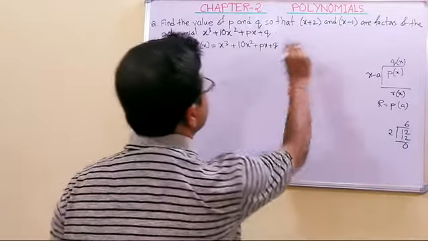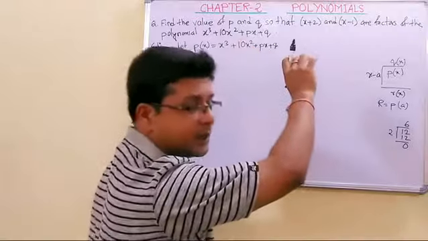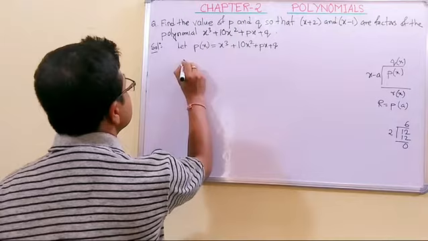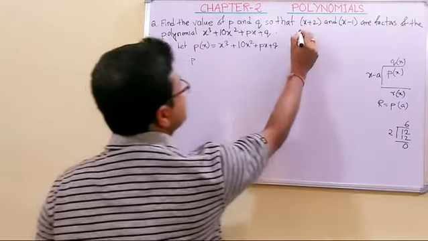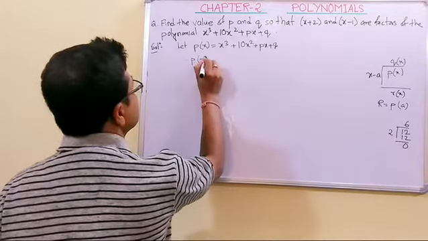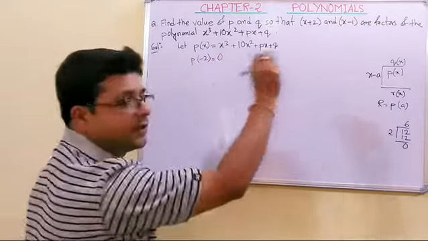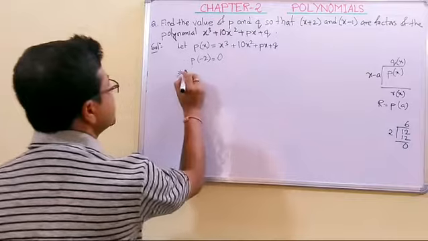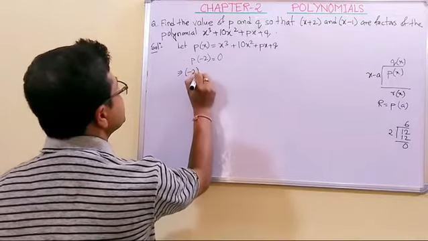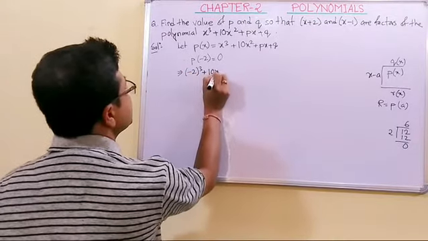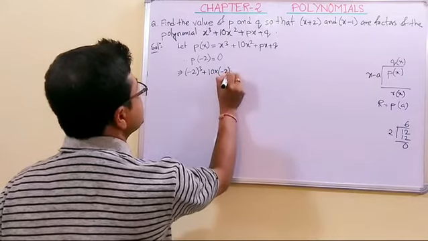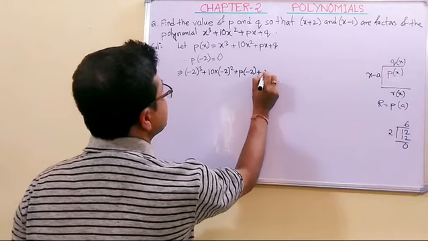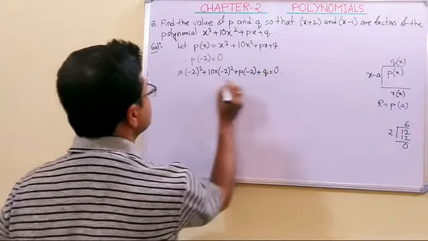This is the question. Now, what will be the remainder? As it is a factor, the remainder will be 0. Now, let us find the remainder. The remainder is p of how much? What is the zero of x plus 2? Minus 2. The remainder is 0, as it is a factor. So this implies in place of x, let us put minus 2. This is minus 2 cube, 10 into minus 2 square, minus 2p plus q is equal to 0.